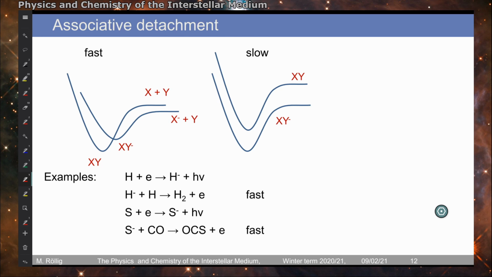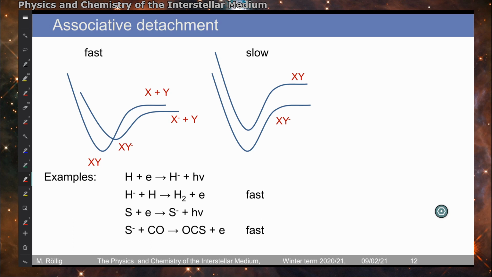Now the difference between fast and slow associative detachments depends on the shape of the energy surface of the particular reactions.